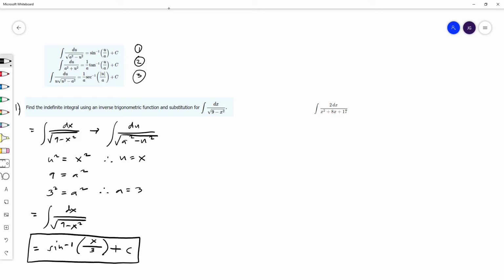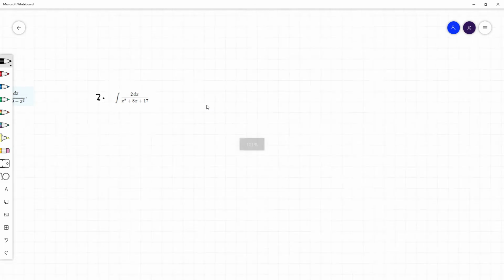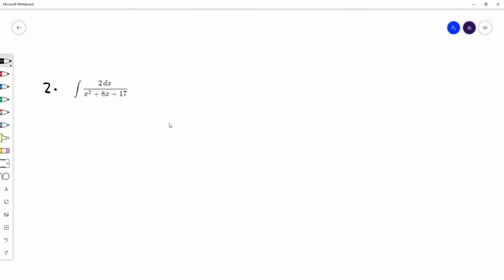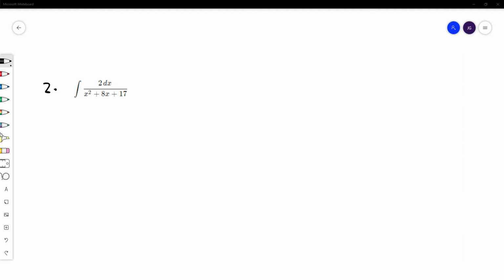Okay, this is our second example. We have 2 dx over x squared plus 8x plus 17. And we know that this equation is not a perfect square. So we need to find how we can break this denominator into a perfect square.